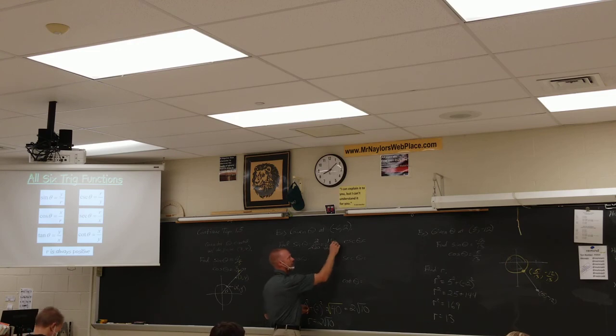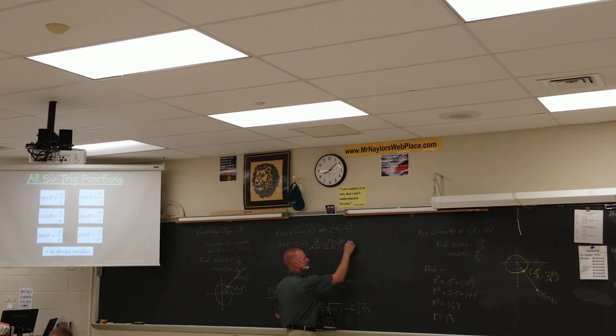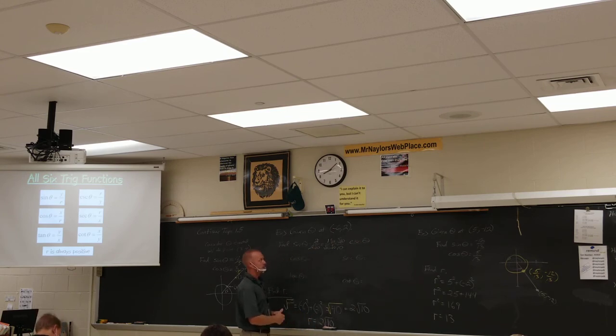But we end up with a better answer of root 10 over 10. If you didn't quite get that, that's the point of this problem, to make sure you realize that's what's needed.